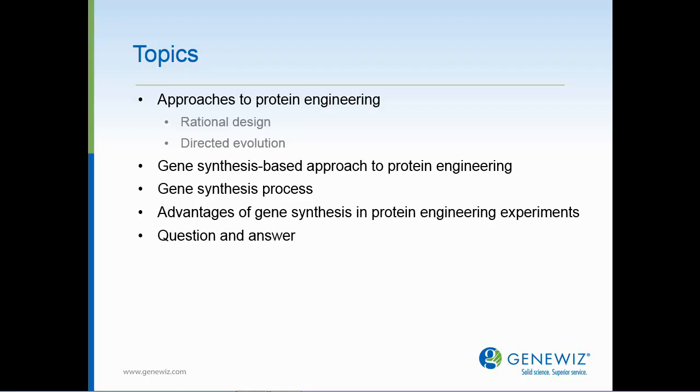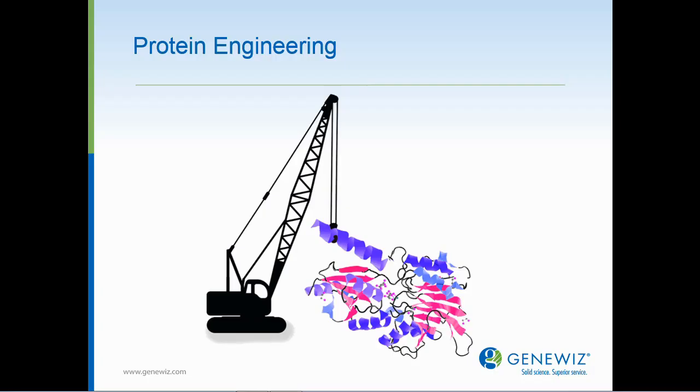Before we delve into the talk, let's take a minute to define protein engineering. In its simplest terms, protein engineering can be described as the thoughtful manipulation of proteins to confer desired properties or other changes within a particular protein of interest.